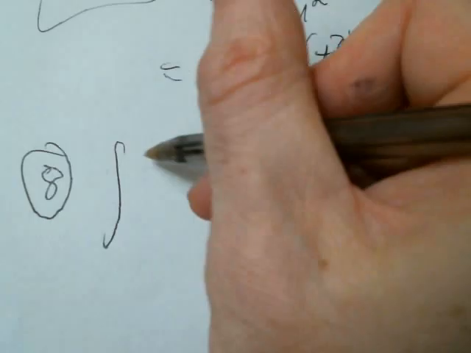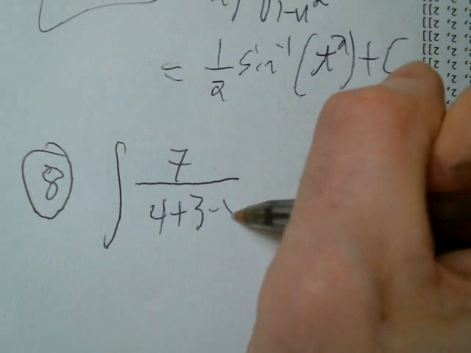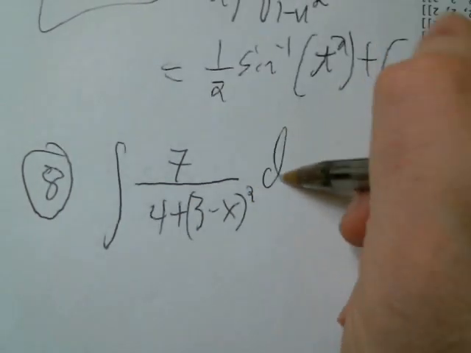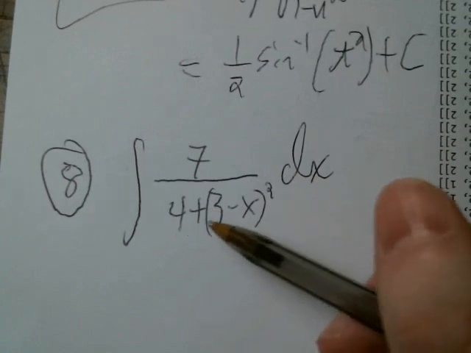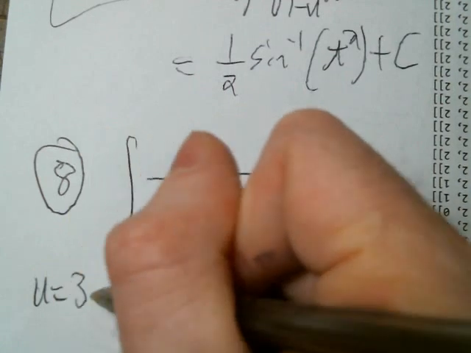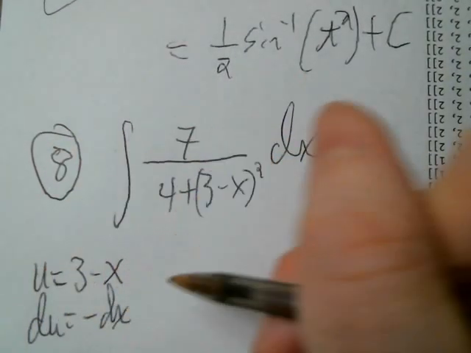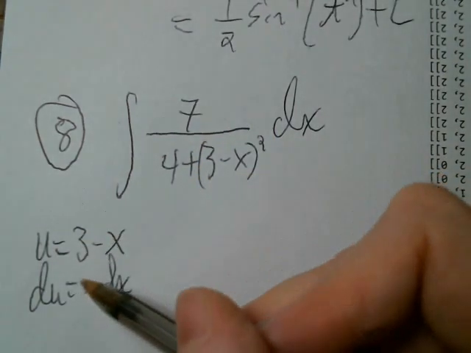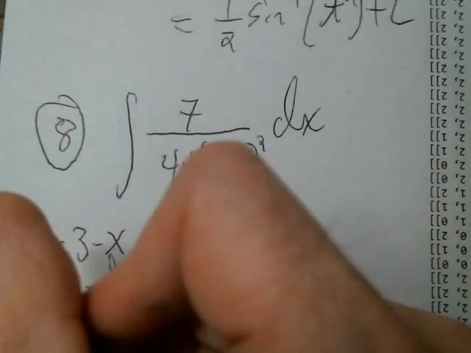So I got the integral of 7 all over 4 plus 3 minus x squared dx. So I want something like a squared plus u squared. So let the u equal 3 minus x. And then du will be negative, the derivative of 3 is 0, the derivative of negative x is negative 1, and then dx.